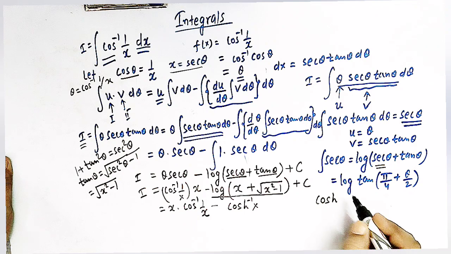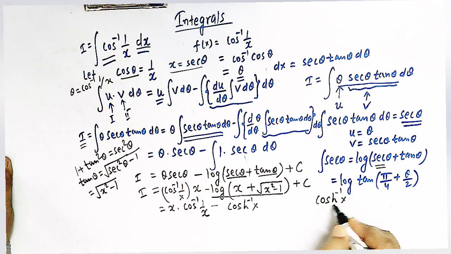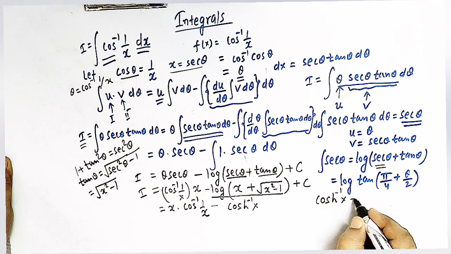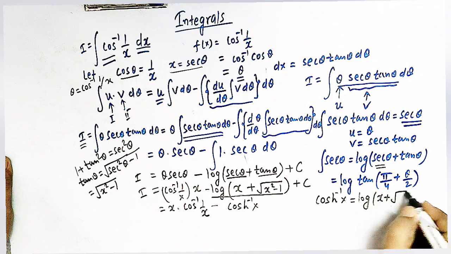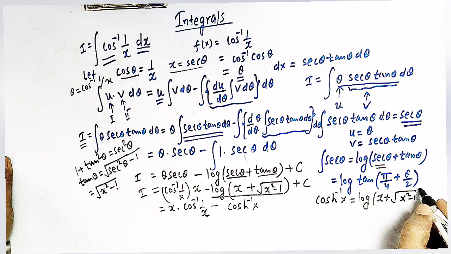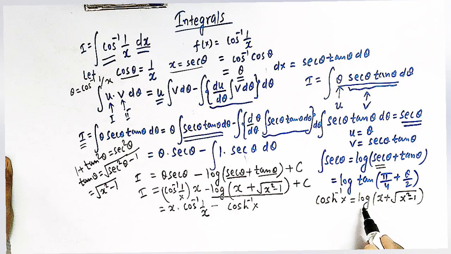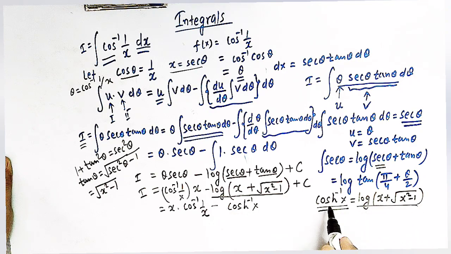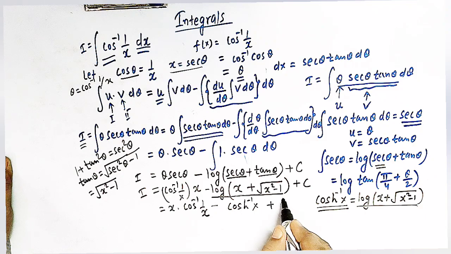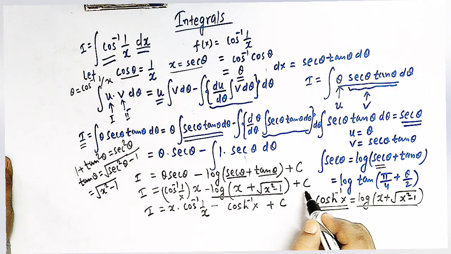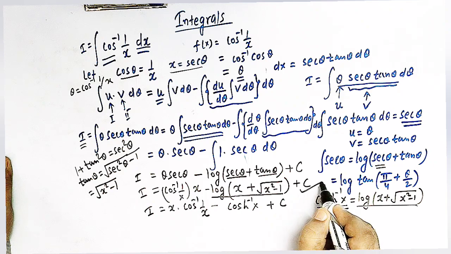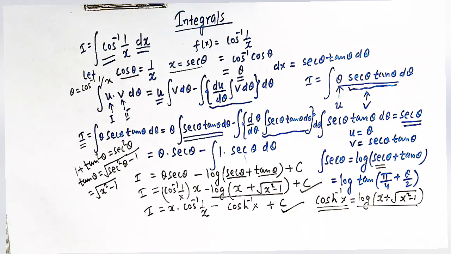So we can replace this log term by the inverse hyperbolic function, and here we have c. So the value of this integral can be taken as this expression or this expression.